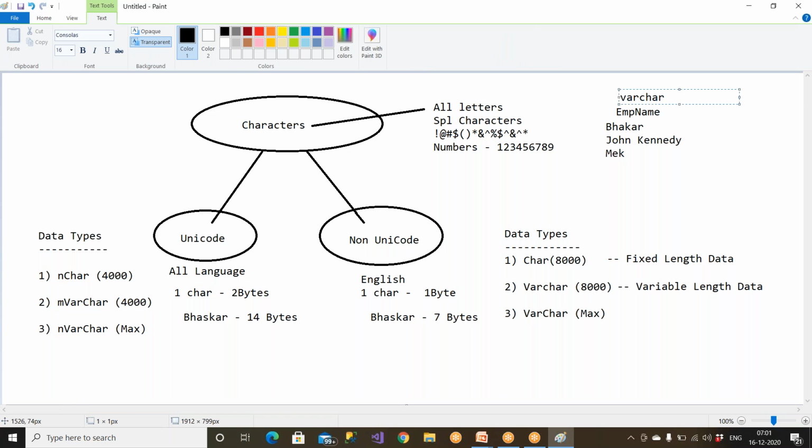Clear? Varchar data can store a maximum of 8,000 letters. Why 8,000? In yesterday's class we discussed that each page is 8 KB. That is fixed, so you can accommodate your data in that page itself. If you want to store more and more, you have difficulties.